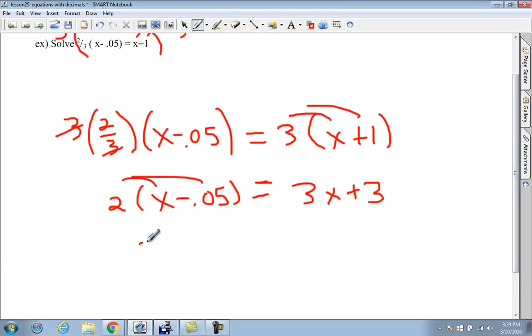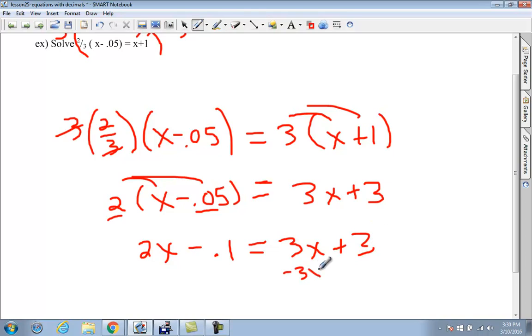Okay? And then I arrive at 2x minus, and maybe by now you're getting good at doing that in your head. 2 times 0.05 is 0.1. And of course it's negative, so negative 0.1. And then equals 3x plus 3.